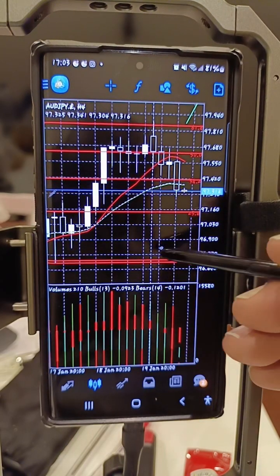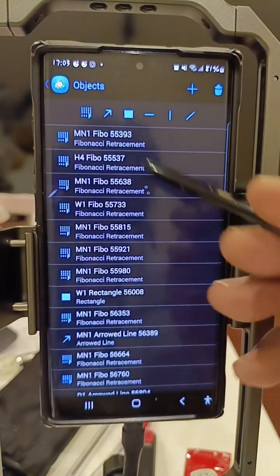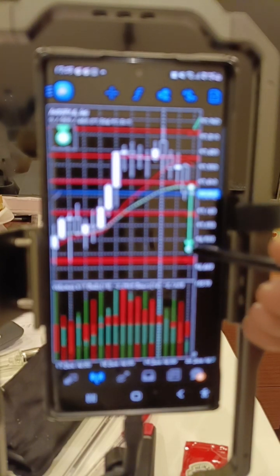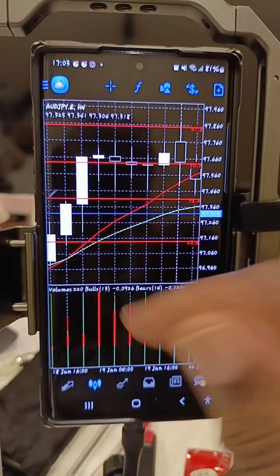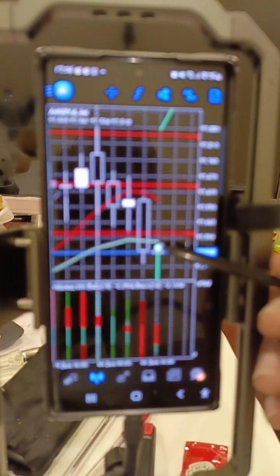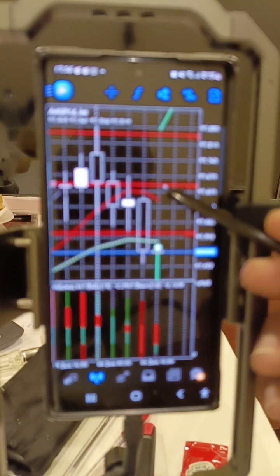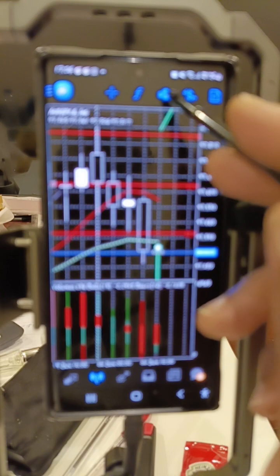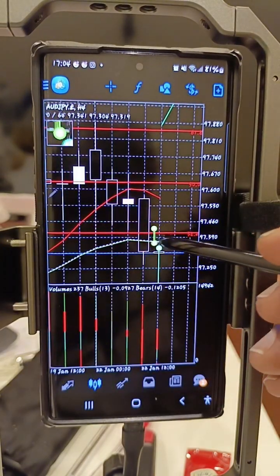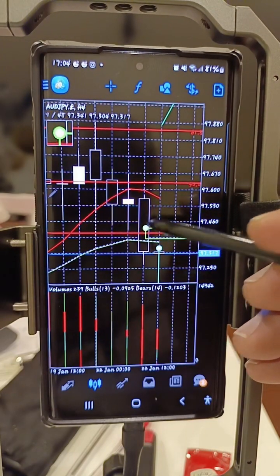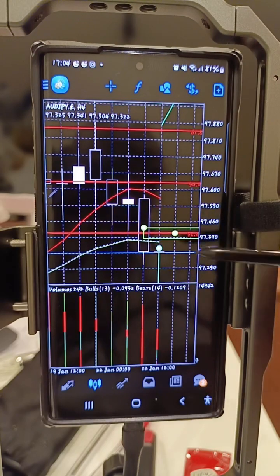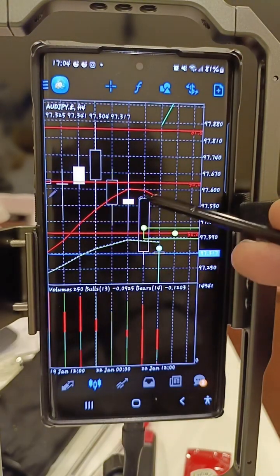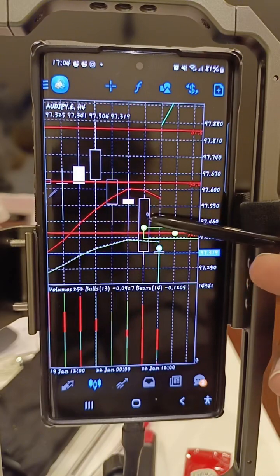So I can say, if this comes to my resistance here and the market is not interested in buying back, going back to the 50, I can clearly say that this line becomes my resistance, because you can see the last selling and buying happening here before this sell-off in the last 4 hour.